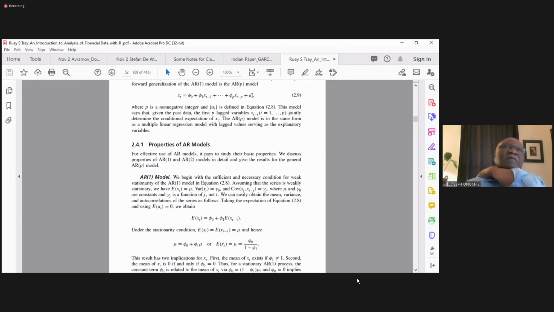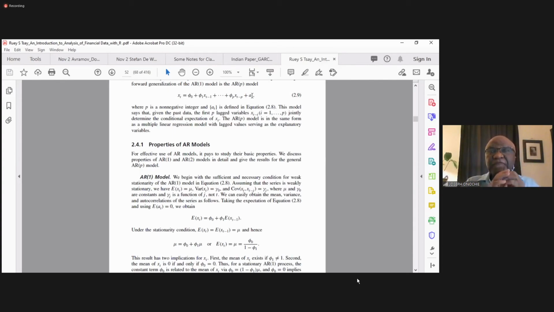Using that, and then using our confidence bound, plus or minus, up and down, the dashed line, we can determine whether it's an AR model or not. And if it's an AR model, what lag? AR1 or AR2 or AR3? But that would be visual.